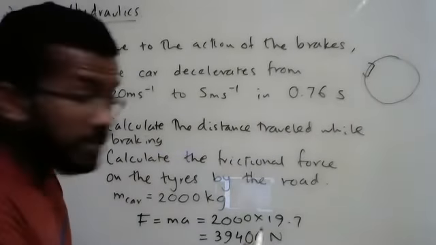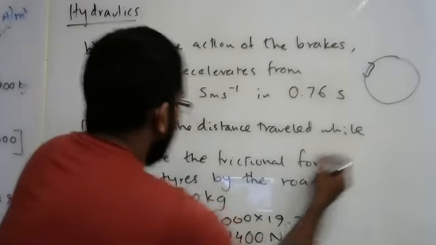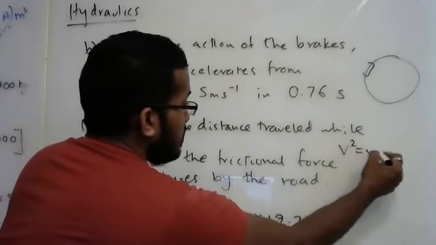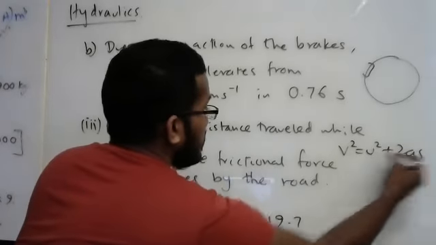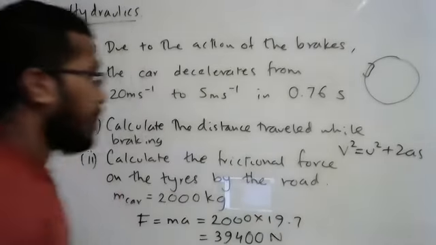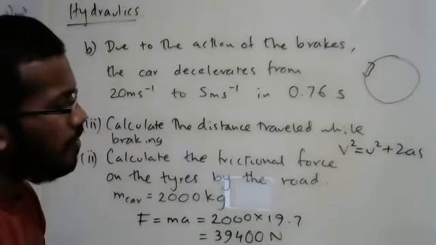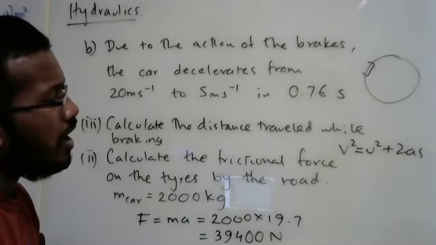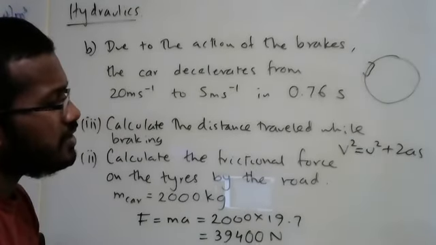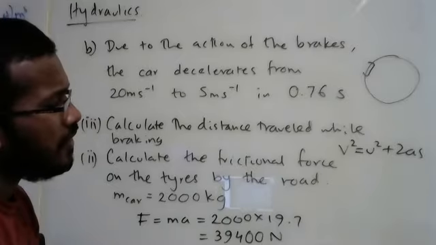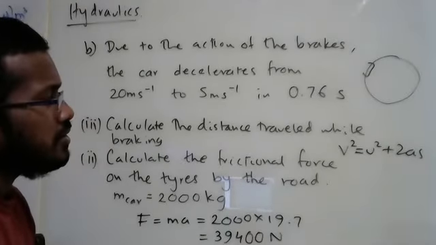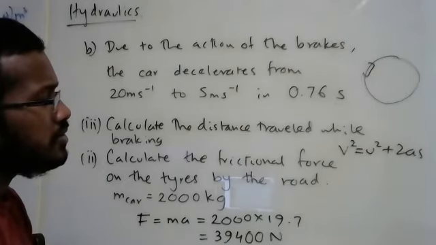It's kind of hard to remember: v squared equals u squared plus 2as. I wonder whether this will give a wrong answer. v squared minus u squared.